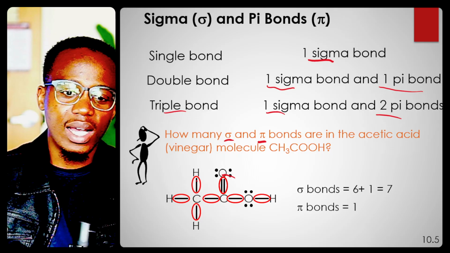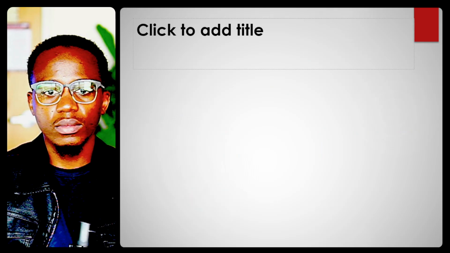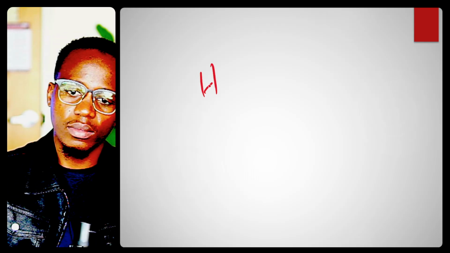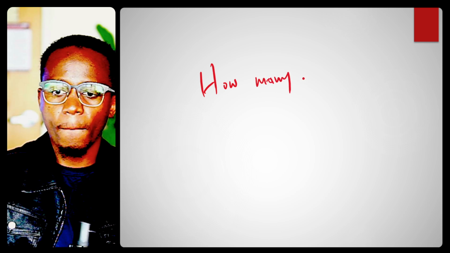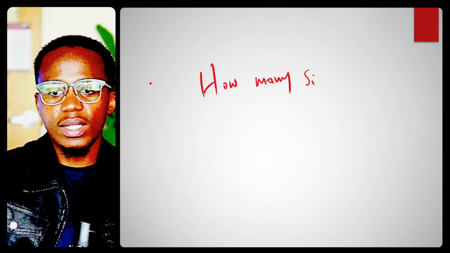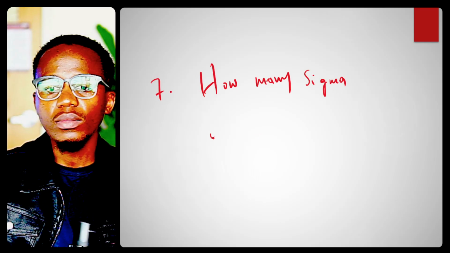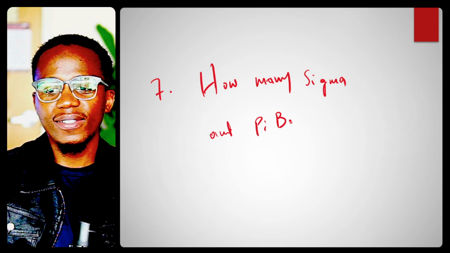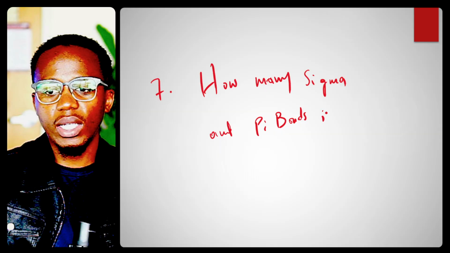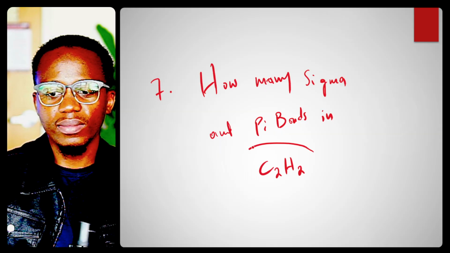So the next question that I'll ask you is, how many sigma, so that's number 7, and pi bonds in C2H2.